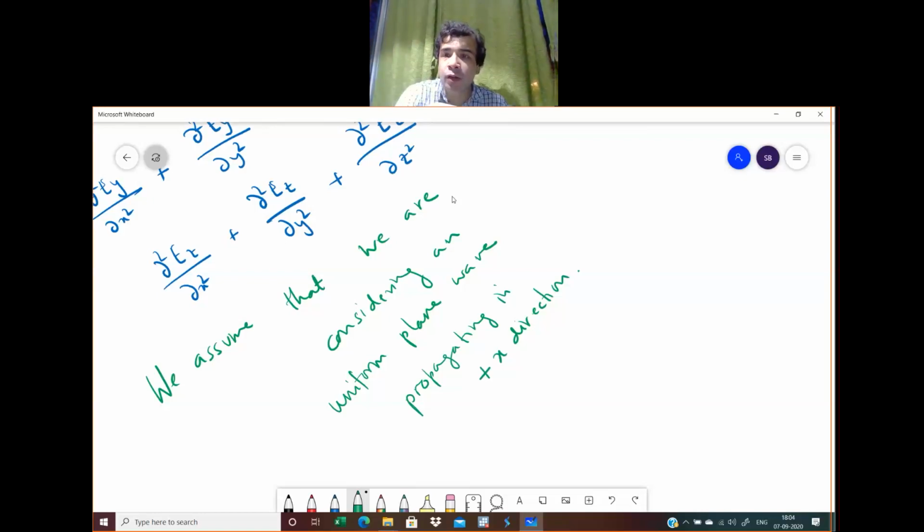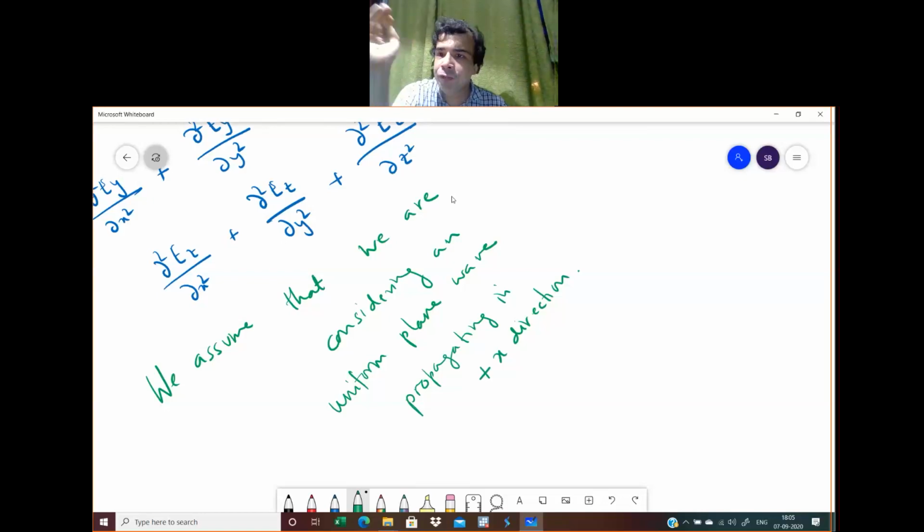Then all the points on the screen will be in the same phase. There will be no variation in any direction perpendicular to the direction of propagation. Did you understand? Suppose my wave is coming out or going in, it doesn't matter. You are the screen. Then for all the points on any plane parallel to your screen there will be no variation. The magnitude would be the same everywhere.